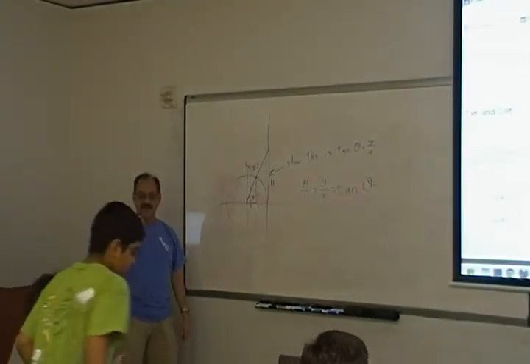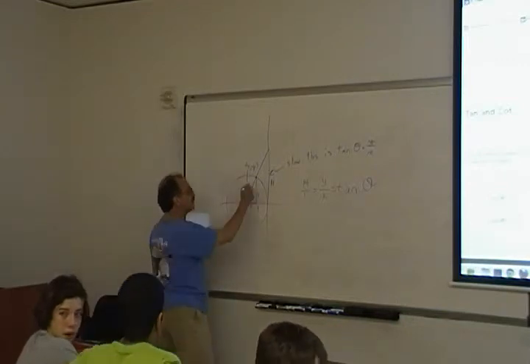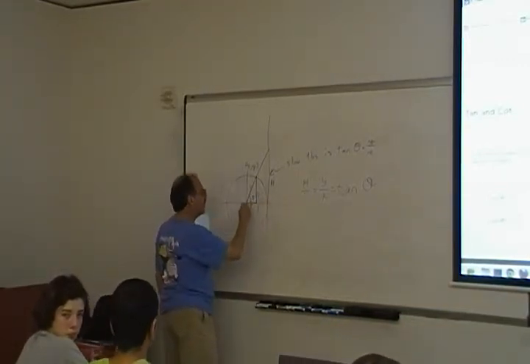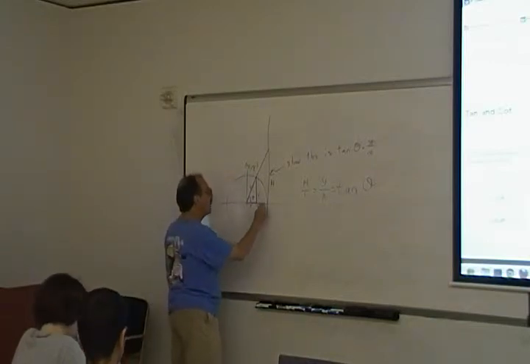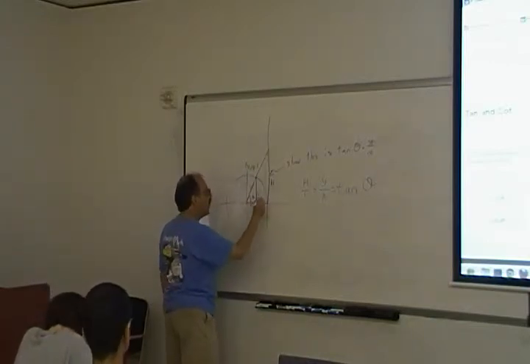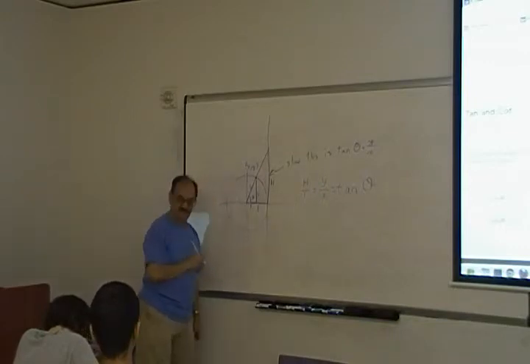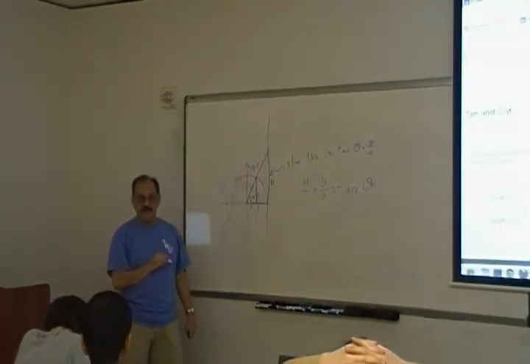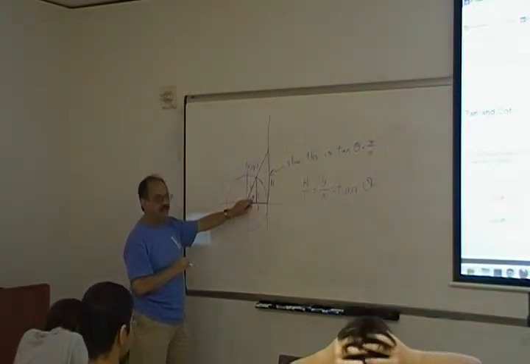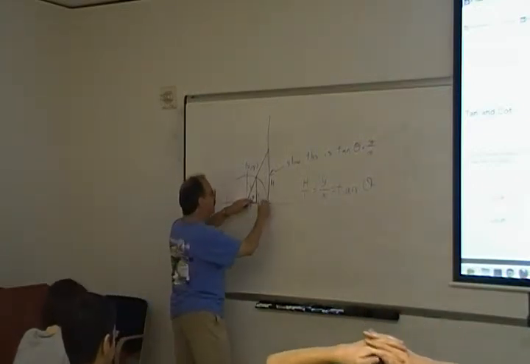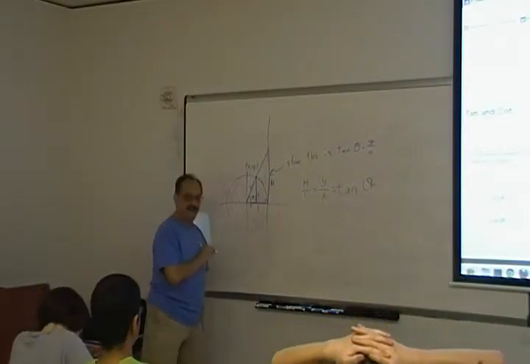Okay, here we have a triangle whose sides are x, y, and 1. Here we have a triangle whose sides are 1, h, and something. And they are similar triangles because they've got the same angle theta here, and they are both right angles there.